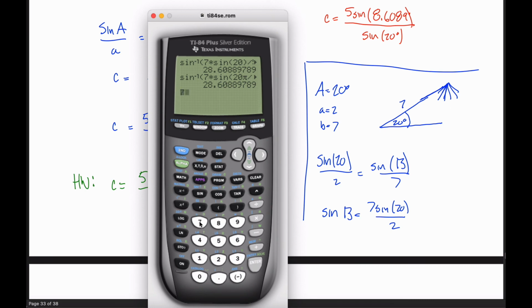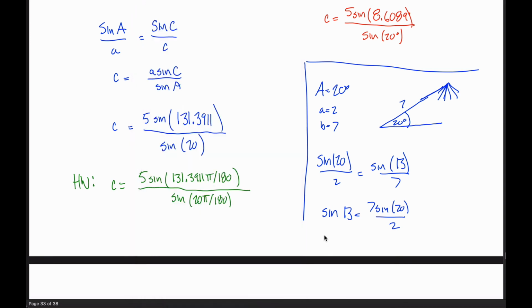So I would type that in as 7 times the sine of 20 pi over 180. Since my calculator's in radians, I have to convert all of my angles into radians if I want to use sine or arcsine. And then I will divide that by 2. And that gives me this number, 1.197. So what this is saying is the sine of B is equal to 1.197.